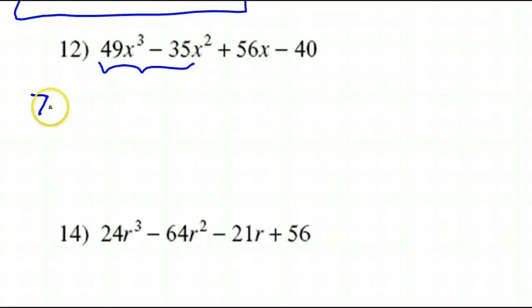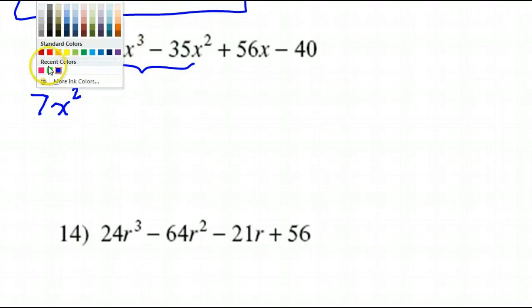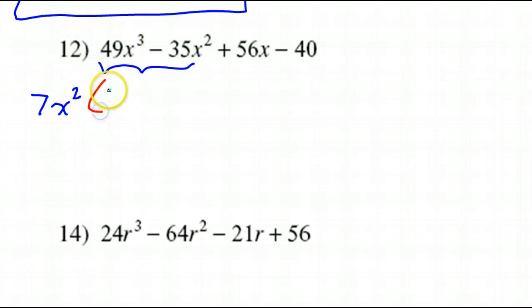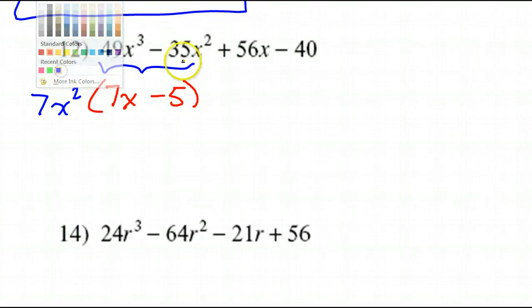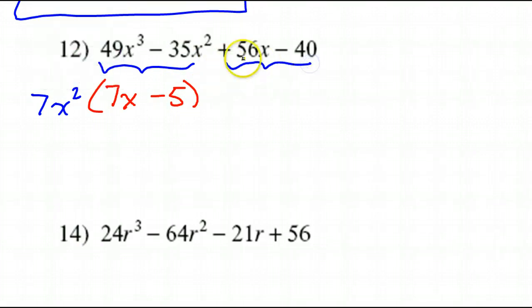So that's going to be 7x squared. So on the inside of the parentheses, that's going to be 7x. And then 7 times 5 is 35, so minus 5. Okay. Meanwhile, on the right-hand side of the problem, both of these are divisible by 8. Okay, so I'm going to pull out 8.